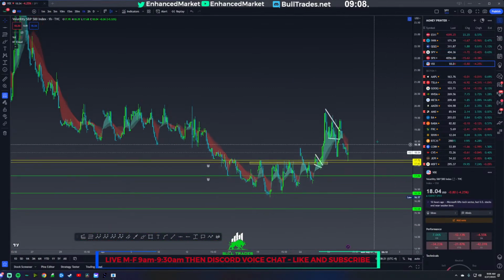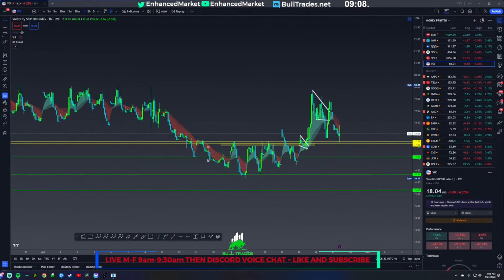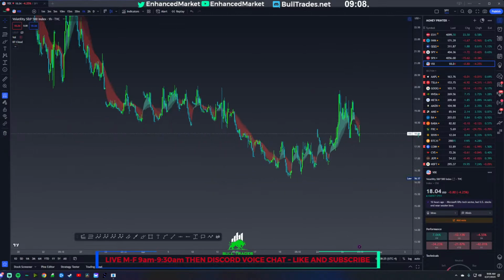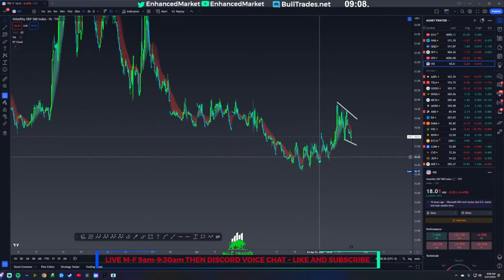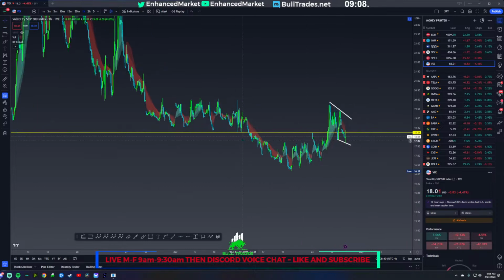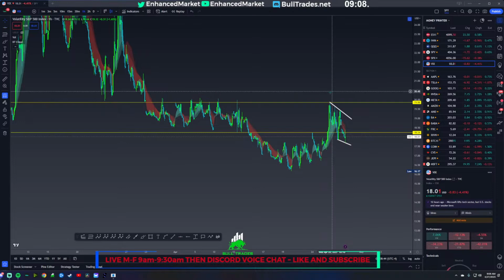VIX all over the place yesterday. Extremely choppy. Let's redo the chart. So we have this resistance here. We kind of have the support forming. It's not the cleanest of all. Then we have this resistance, which was a support. This level here is going to act as a level of resistance across the board.